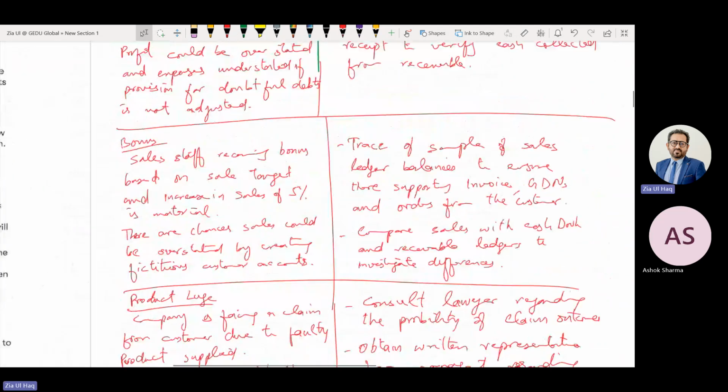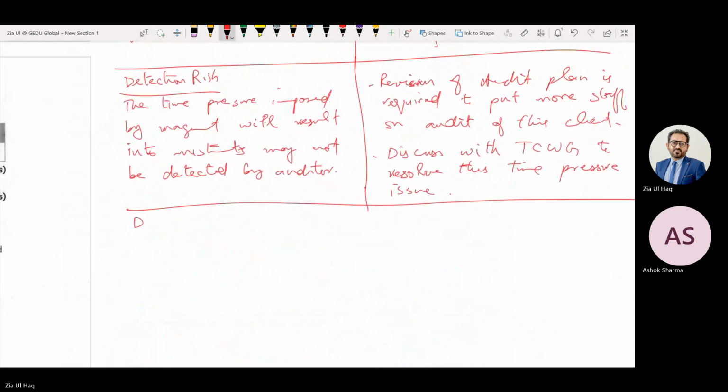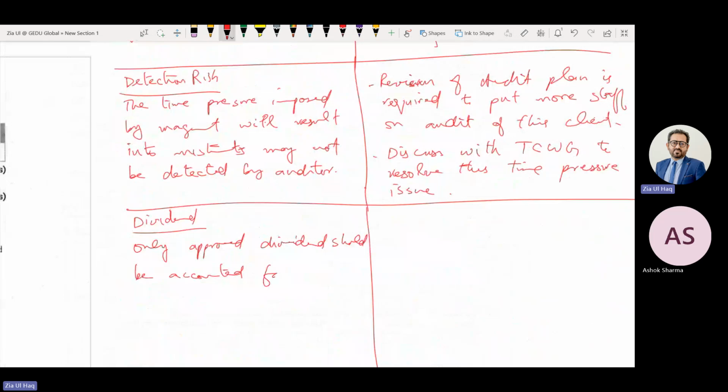So we can put the heading dividend. Only approved dividend should be accounted for in financial statements, not proposed.